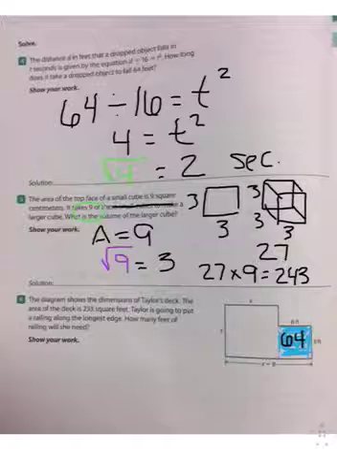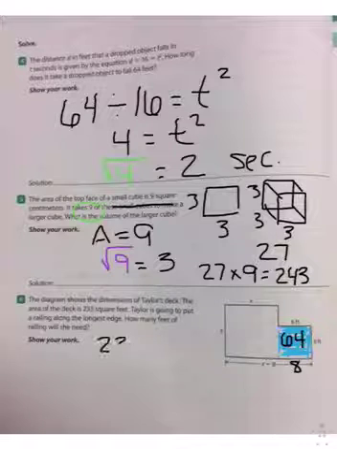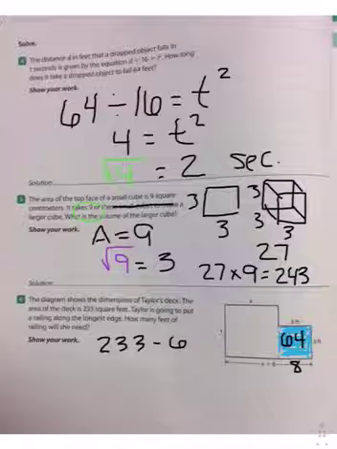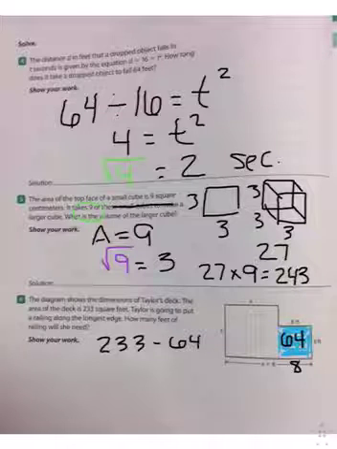Since it's a square, this side right here is 8. That's where that x plus 8 comes from. If this area is 64, we can subtract that from the main area to figure out the area of the larger square. When you subtract 233 minus 64, you get 169.